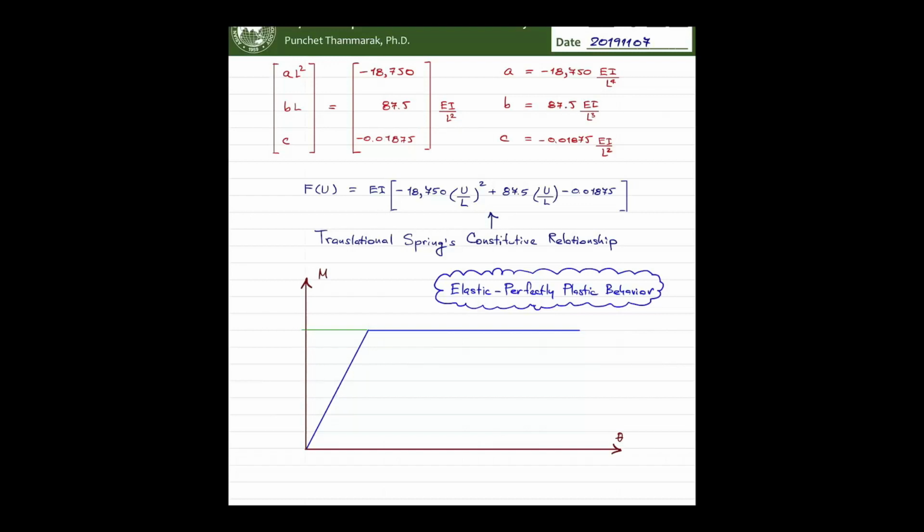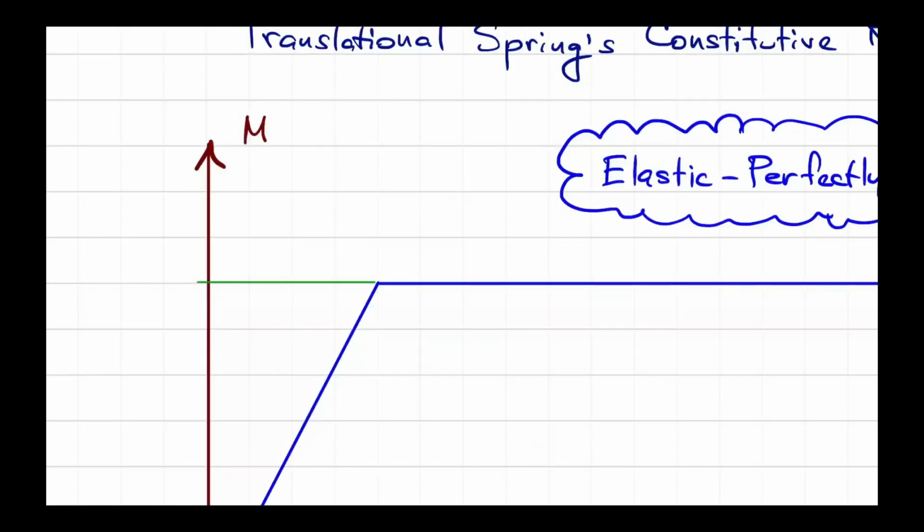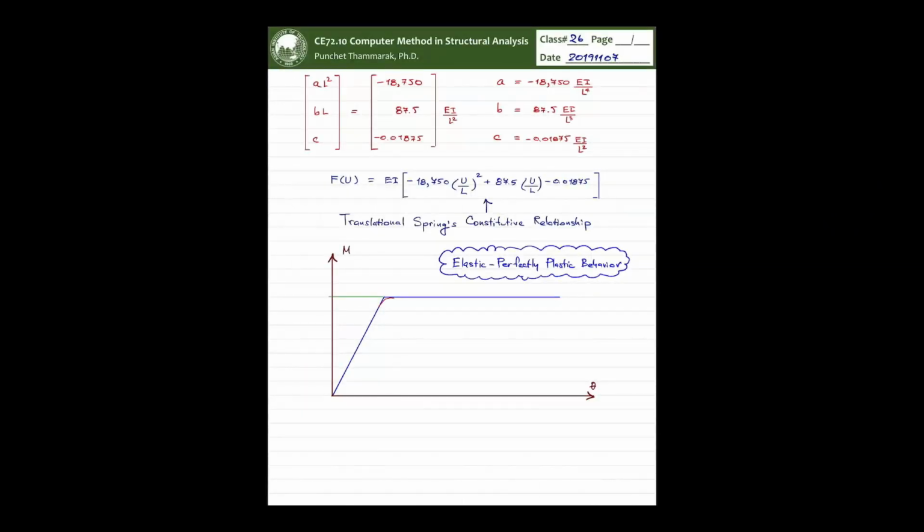This is not a steel class, so we'll not talk about that, but you will get the behavior which is pretty much like this, but you have just this slope a little bit, and that is how you can draw the curvature and make the moment curvature response, which is really fun.